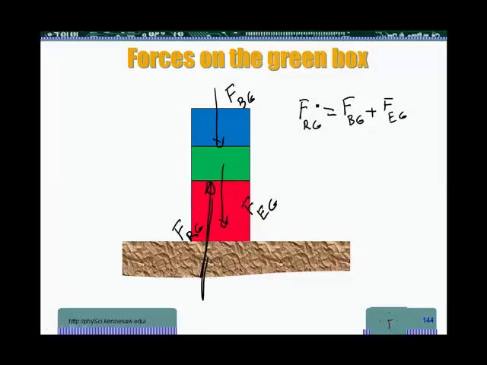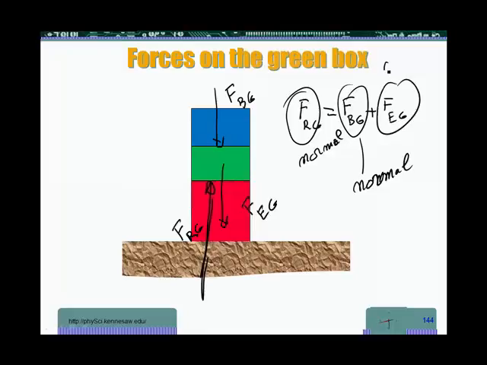Now, just as a reminder to make sure, this is a normal force. This also is a normal force. And this is a gravitational force. Okay? That's the green box.